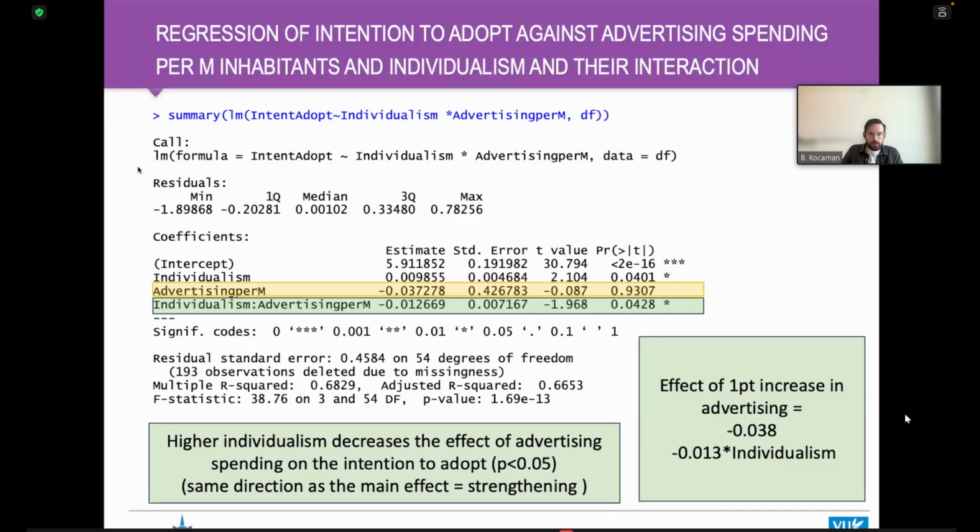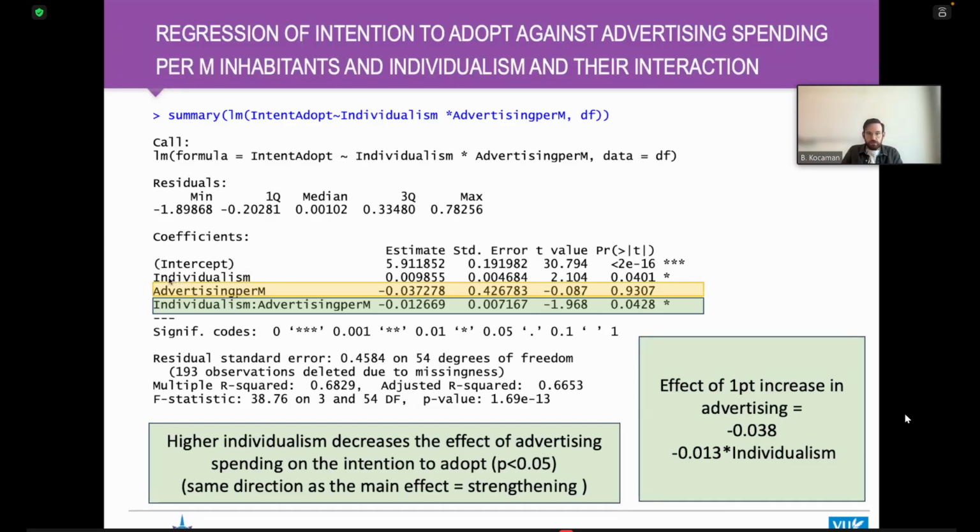Okay. So here we have the intention to adopt as DV, and individualism times advertising spent per million inhabitants. This is one thing with R: whenever you just give the interaction term, it automatically understands that you want to test the moderation, and it automatically adds the main effects.